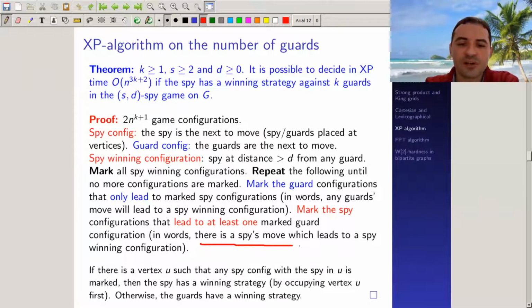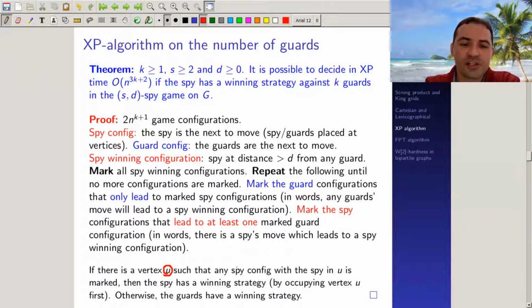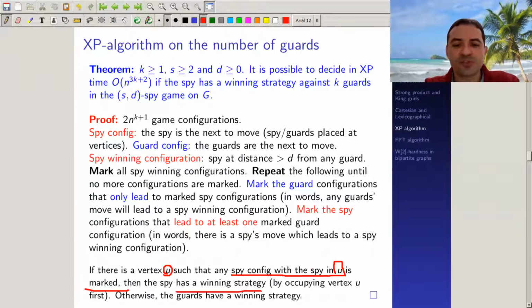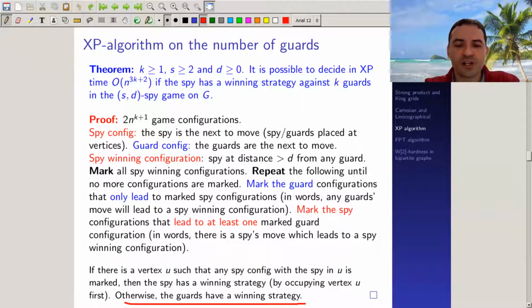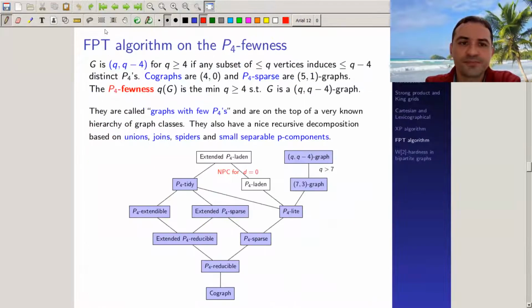That is, there is a spy's move which leads to a spy winning configuration. With this, if there is a vertex U such that any spy configuration with the spy in this vertex U is marked, then the spy has a winning strategy by occupying this vertex U first. Otherwise, the guards have a winning strategy. This is the main idea of the proof.